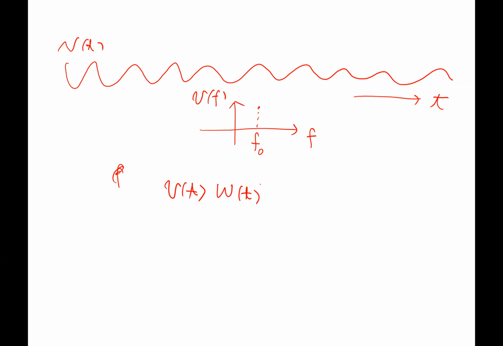So this window function means that, for example, if I limit this to this region, which is L, it is still a sinusoidal wave, but out of this region it's 0, and inside the region it's still this one. So you just multiply this by this window function. And then in the Fourier transform, you should know that the Fourier transform of this is this one convolved with the window function, right?